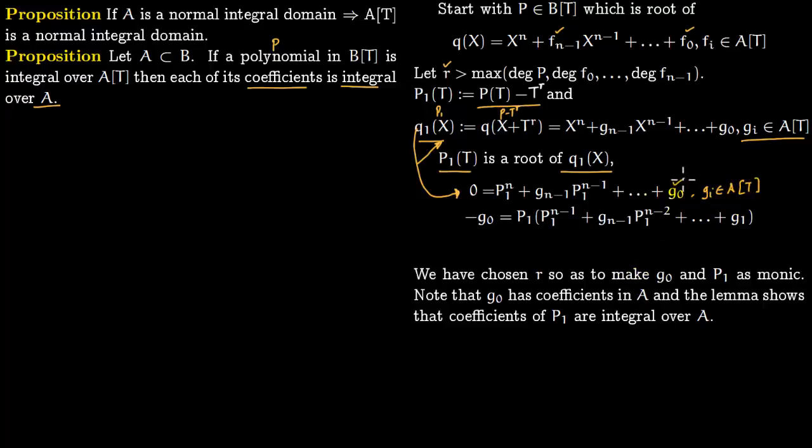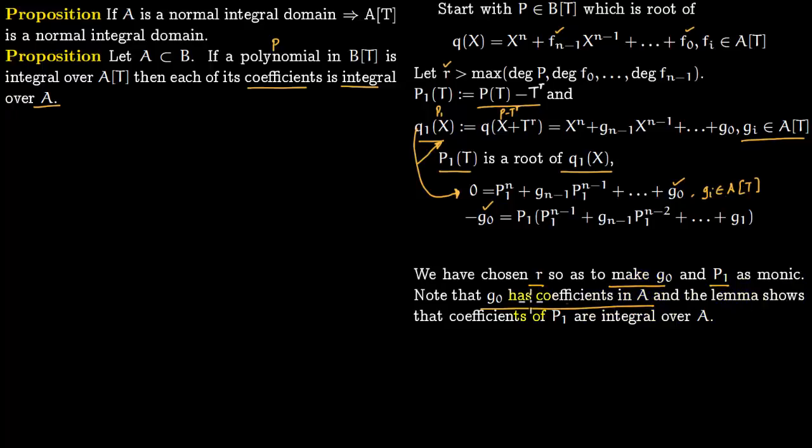Now you take this g0 here and take p1 as common out. So now we have chosen R so that g0 and p1 are monic polynomials, and this g0 has coefficients in A. So g0 has coefficients in A, and therefore these coefficients are also integral over A, because if you lie within A, then you are integral over A by using the linear equation.